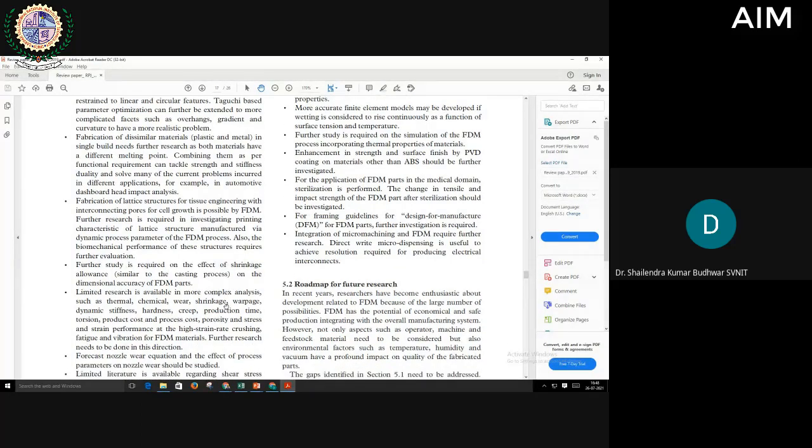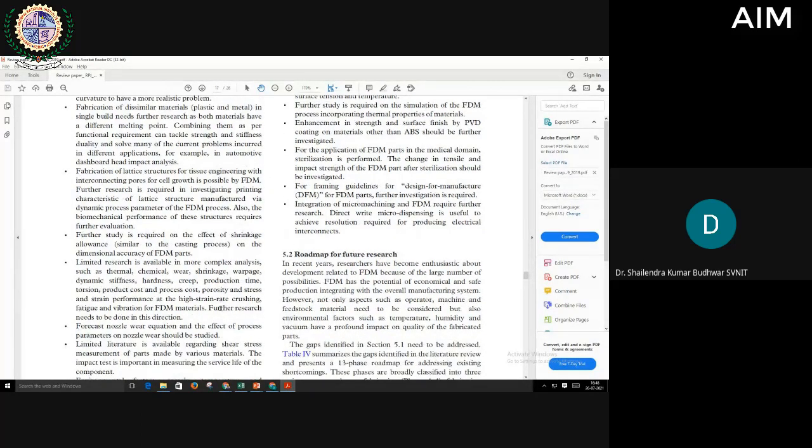Limited research is available in more complex analysis such as thermal, chemical, wear, shrinkage, warpage, and dynamic stiffness, hardness, creep, production time, torsion, product cost and process cost, porosity, and stress and strain performance at high strain rate, crushing, fatigue and vibration of FDM material. So further research needs to be done in this direction.